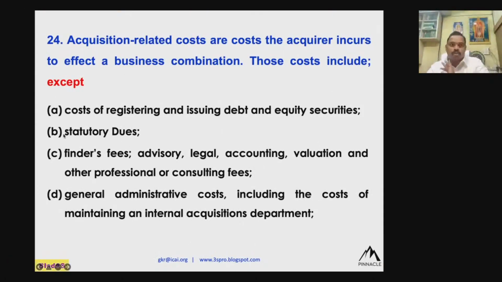Statutory dues are with respect to payment of taxes, payment of EPF. So there are EPF related dues of the acquiree. Can you treat that as an acquisition related cost? No, those are all liabilities. You have to find the fair value of the liability, subtract that, and only then you will pay. So B is not an acquisition related cost.